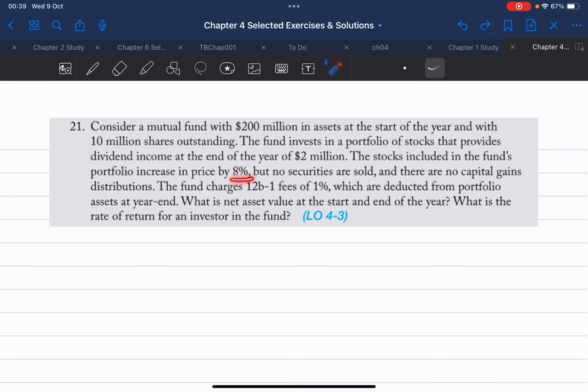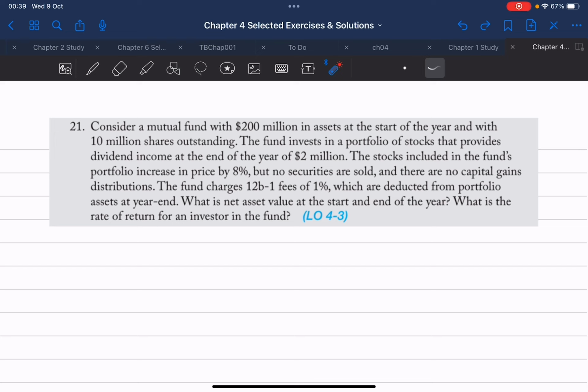So this is just capital gains or unrealized capital gains on the stocks within the portfolio. And there are no capital gains distributions. The fund charges 12B1 fees of 1%, which are deducted from the portfolio assets at year end. What is net asset value at the start and end of the year? And what is the rate of return for an investor in the fund?